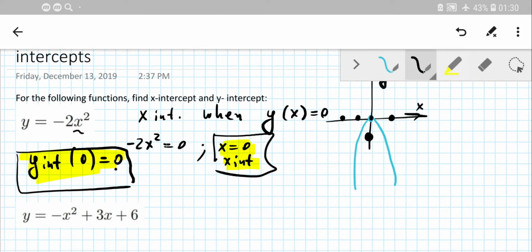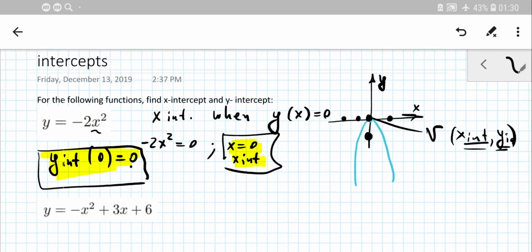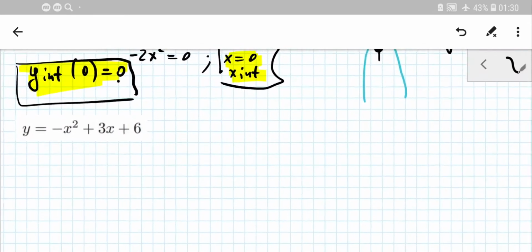So you see, this is the vertex, and also this is the x-intercept and y-intercept. If you draw the sketch and explain, you can easily get those marks on your exams, all right? So sometimes you might think analytically. All right, so let's go next.